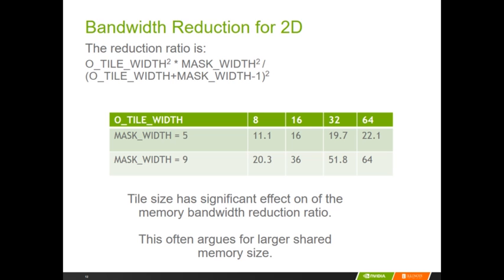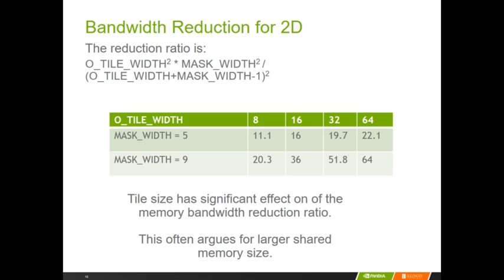And we know that the number of reuses, if the output tile is much bigger than the mask, should approach 5 squared, which is 25. But in this case, because 64 is not sufficiently larger than 5, it is still going to be 22.1 rather than very close to 25.